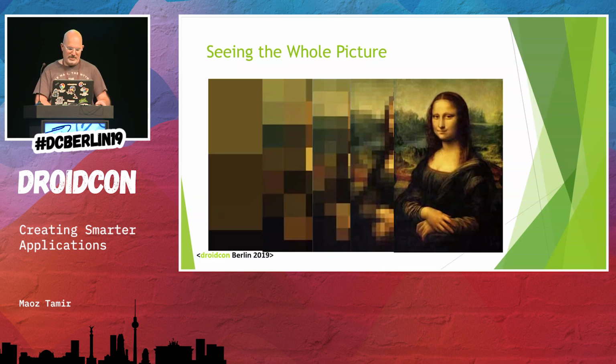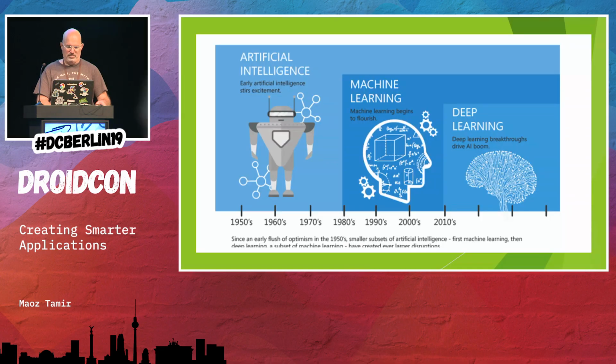And our brain is pretty good at that, and it took us quite a while to teach computers to do that. And when I'm talking quite a while, artificial intelligence as a subject started in the late 40s, early 50s.